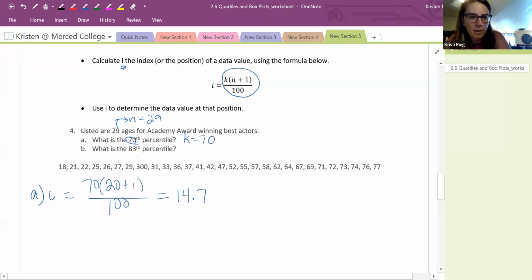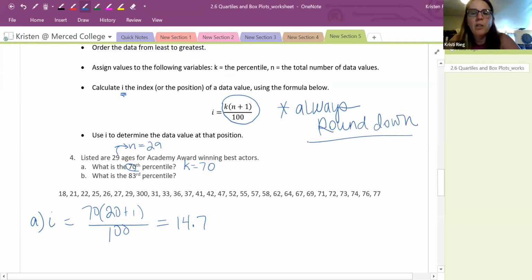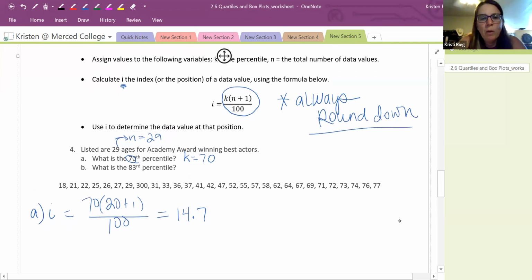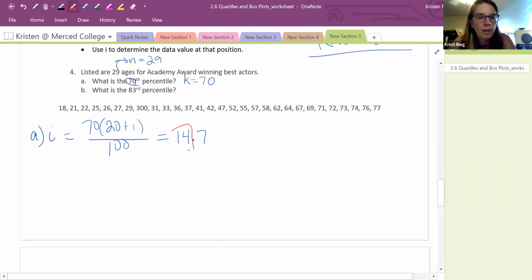So we'll put a little note: always round down. Don't worry about what rounding tells you to do. We just want to go to 14. So I'm going to go to my list and count to 14.